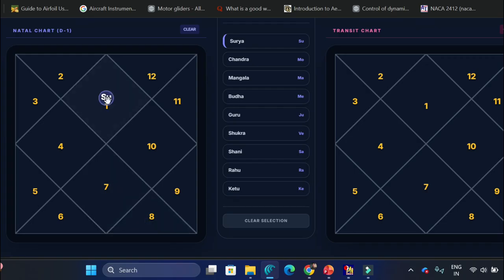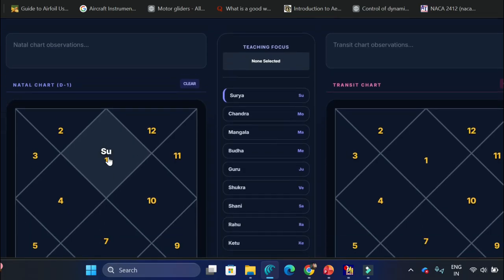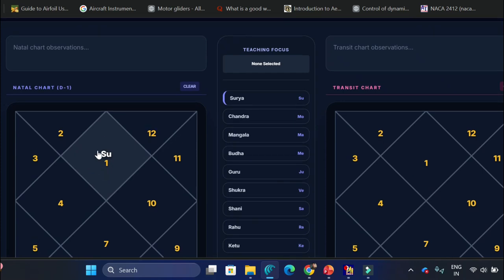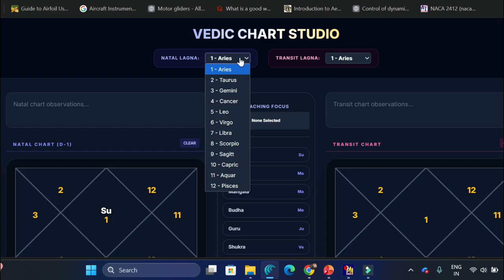So what we will do, let's say he was born at around 6 a.m. in the morning, I'm making it very simple, then his ascendant would be Aries. 6 a.m. would be the sunrise time.